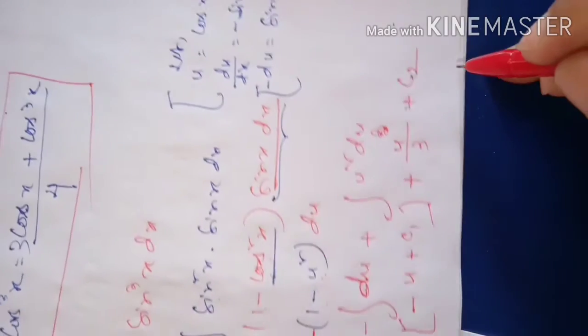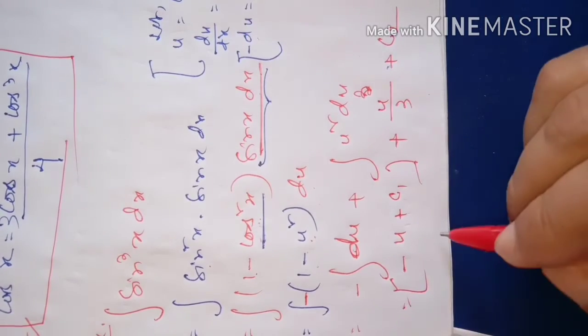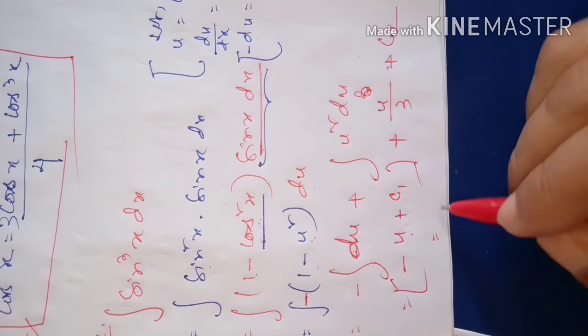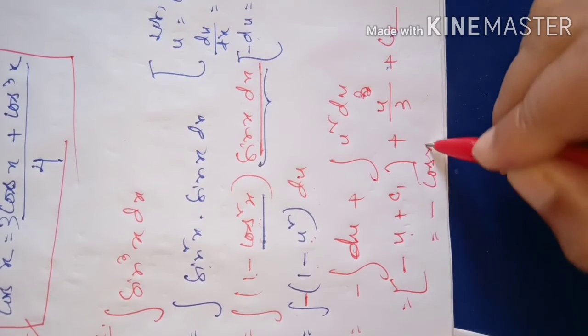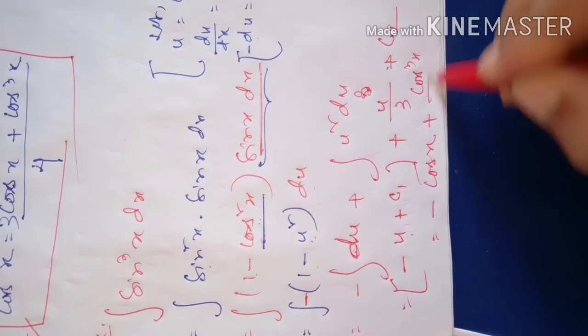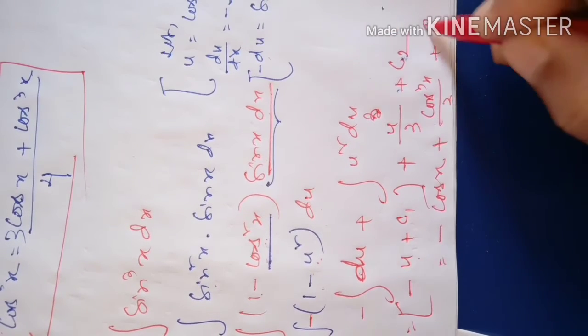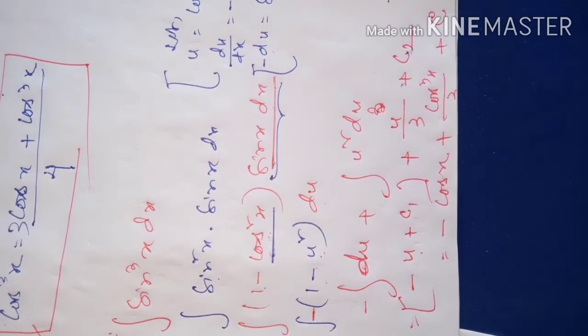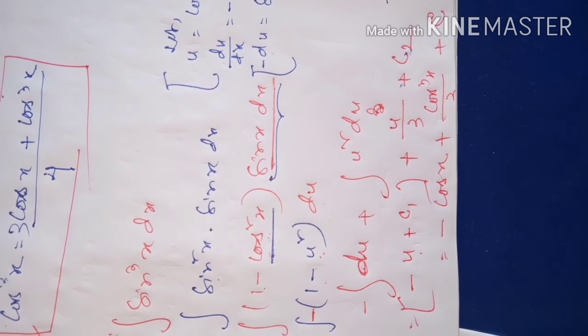So the constants will altogether be a new constant c, and u stands for cos x. So we write here minus cos x plus cos cube x by 3 plus a constant c. So this way also you can solve the problem.